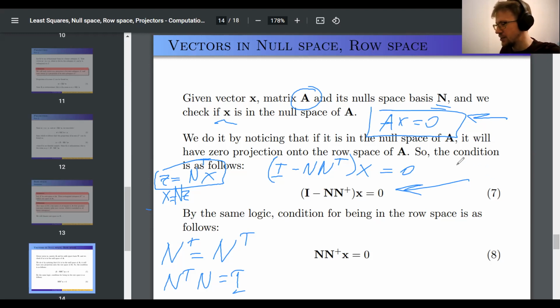Let's say that the basis N is in R, let's say 10,000 by 2. So this basis is 10,000 by 2.